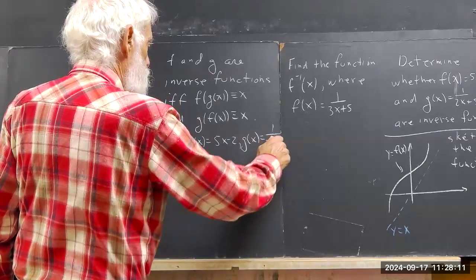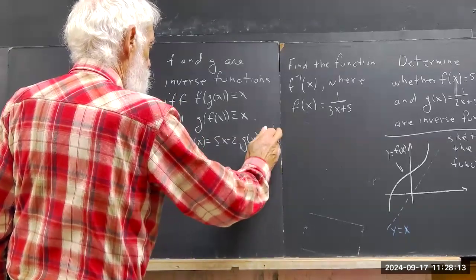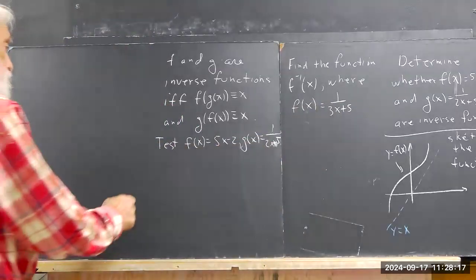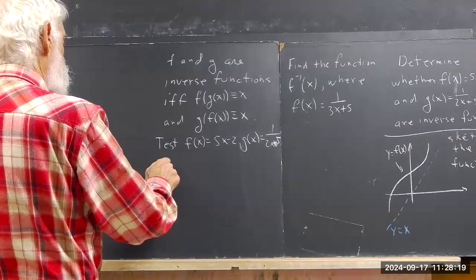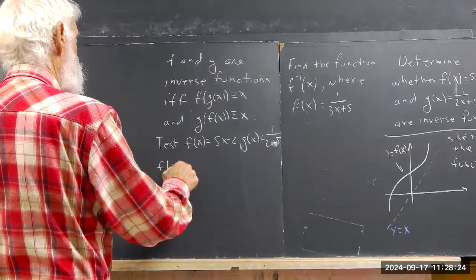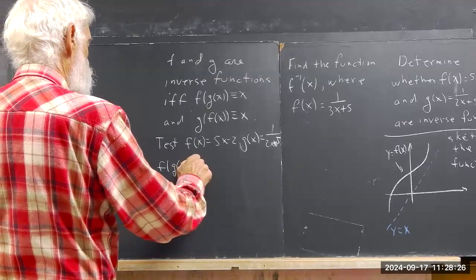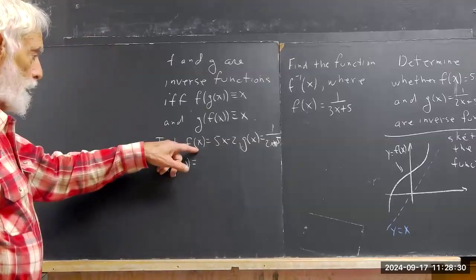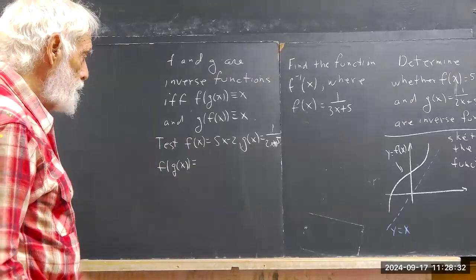Okay, well, it's not written very clearly, but that is the problem you see here. Okay, so you've got to do F of G of X. Equals what? You've got F of X is 5X minus 2.